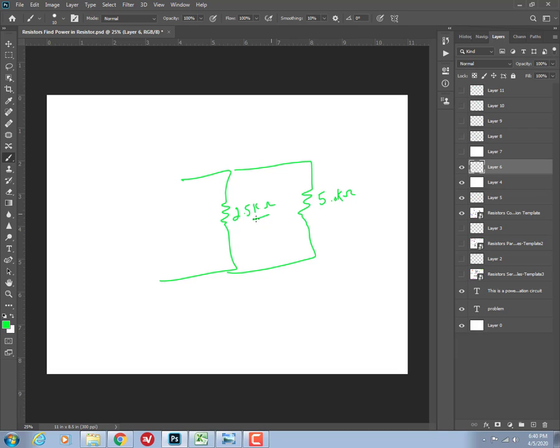Since they both have the same unit, we don't have to convert them, and we're going to use the reciprocal formula. We're going to take the reciprocal, 1 over 2.5, add that to 1 over 5.0. Again, our answer is going to be in K ohms to keep our units the same.